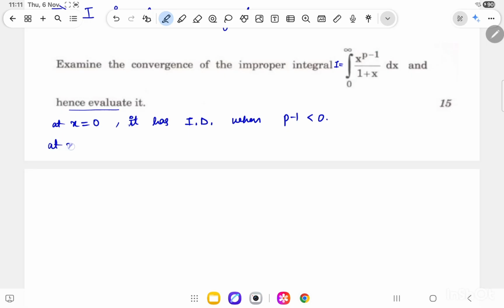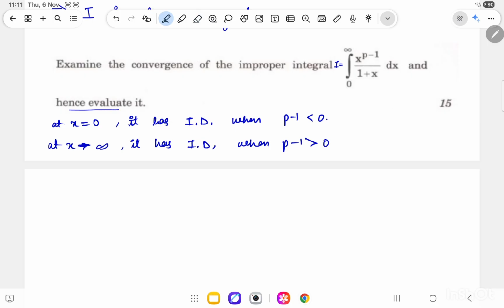Likewise at x approaching infinity, it has infinite discontinuity when p minus 1 is greater than 0, because when p minus 1 is less than 0, then it will be 1 by infinity, that is 0 only, and it is a finite quantity. So these are the points of infinite discontinuity.